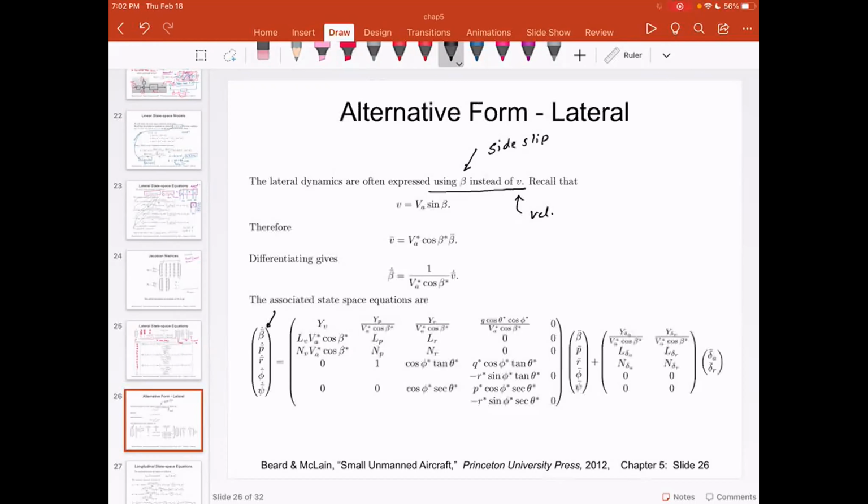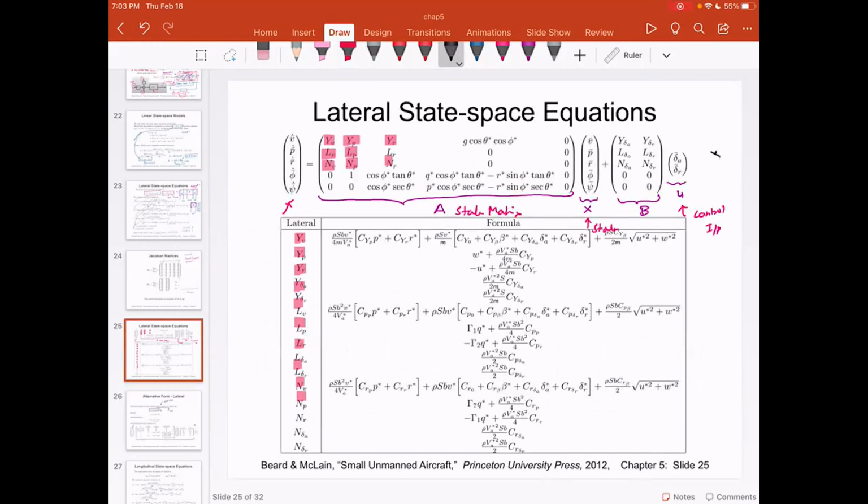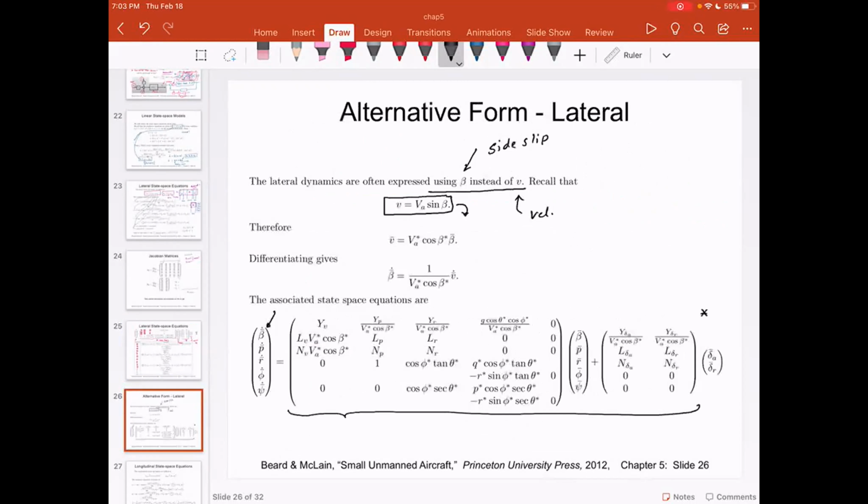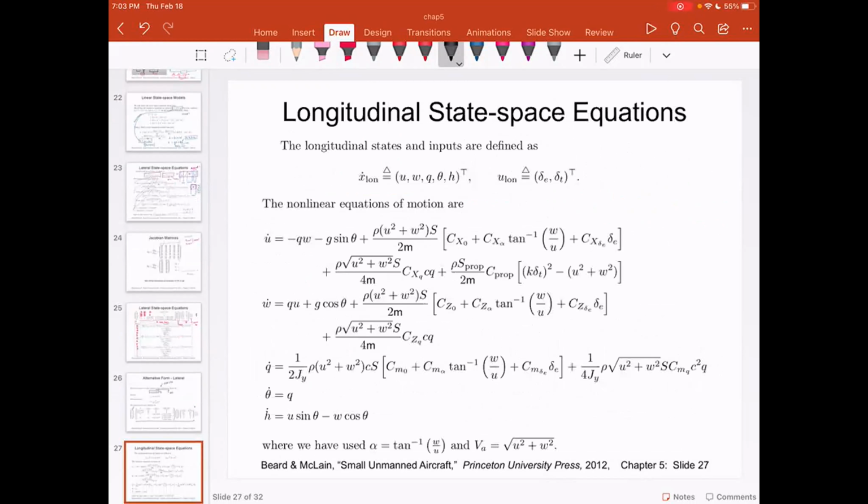And these equations have slightly different form, but at the end of the day, they give you all the information that you need, because VA, airspeed, multiplied by the sine of side slip gives you V. So you can actually use either this equation or this equation to simulate the lateral dynamics. Now we are going to do the same thing for the longitudinal dynamics.